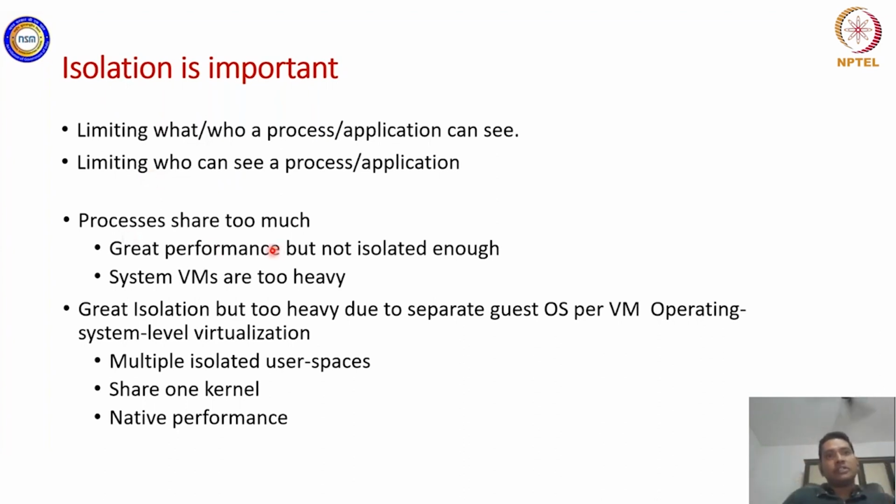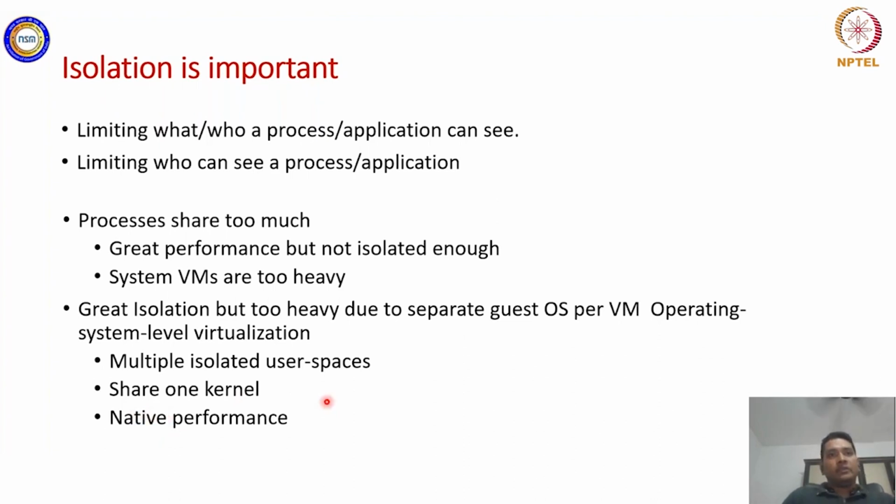Processes that are sharing can share too much because their isolation is not high, and great isolation will be provided by system level virtualization through multiple isolated user spaces, with sharing of one kernel and native performance.